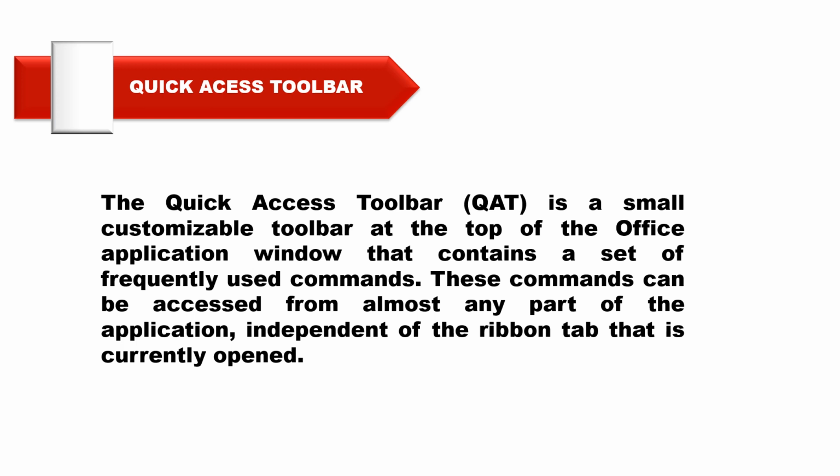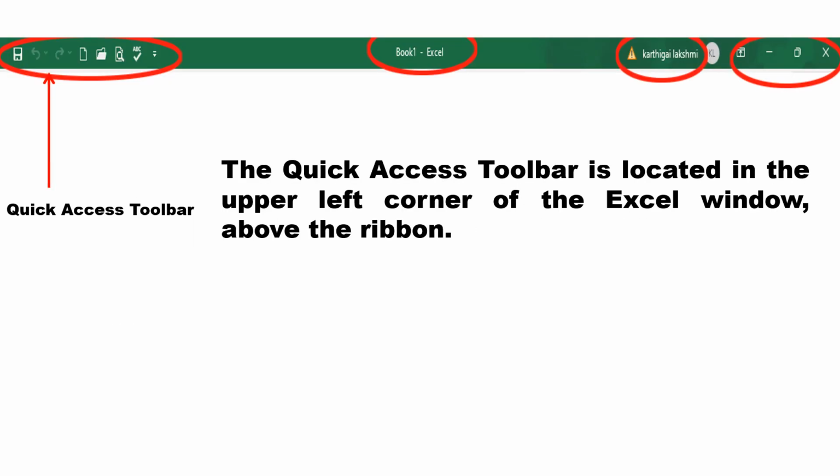We can access the tools by just clicking the icon on the quick access toolbar. Here is the quick access toolbar located in the upper left corner of the Excel window above the ribbon.